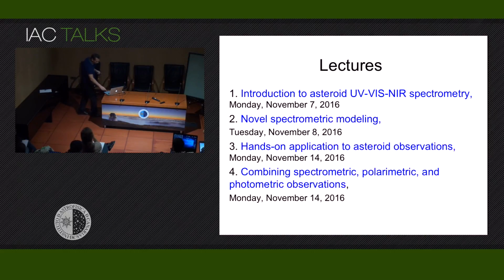So the outline, I'm going to follow the outline of these four lectures that I sent last spring. First, some introduction to asteroid UV-VIS-NIR spectrometry, which might, at least today, be a minor part of the lecture. Then tomorrow we go to novel spectrometric modeling.